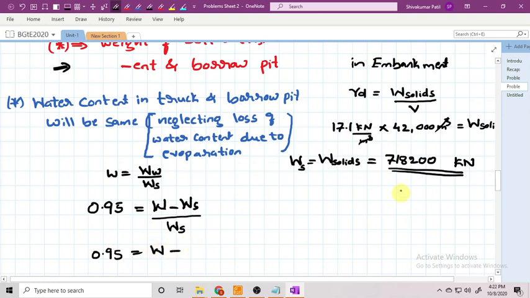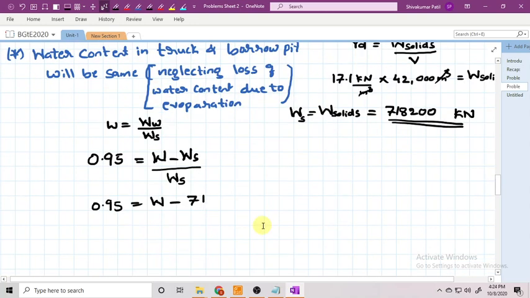How much? Weight of solids is 71,000. Okay, so let me check.